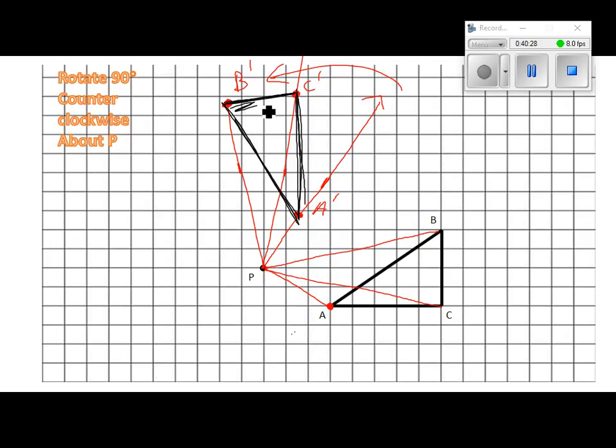Your shape's not going to look anything like the original shape. Mackenzie back there didn't believe in me at all. Does that triangle look like the original triangle?